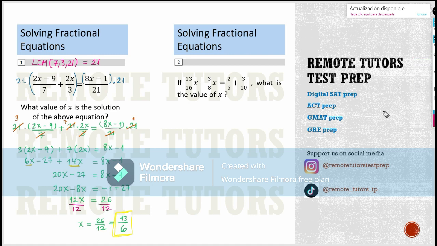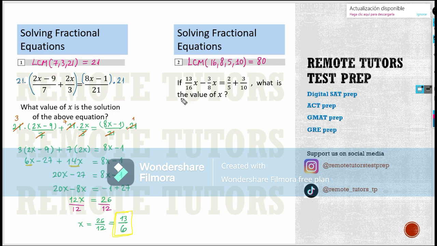Now let's see the second example. First, we will calculate the least common multiple of 16, 8, 5, and 10. That gives 80.